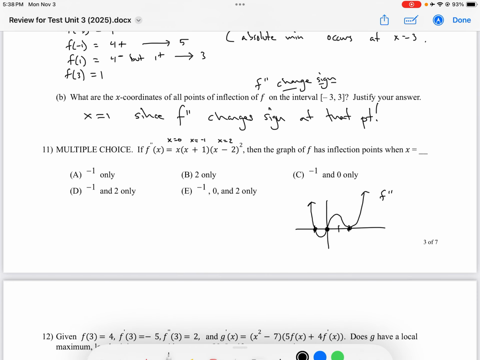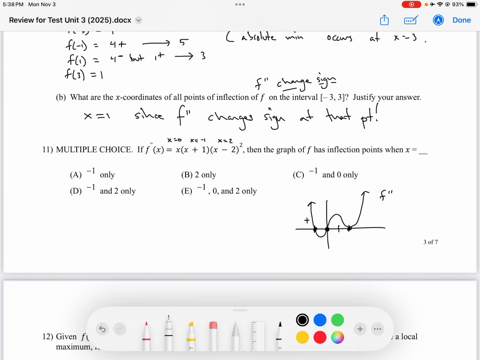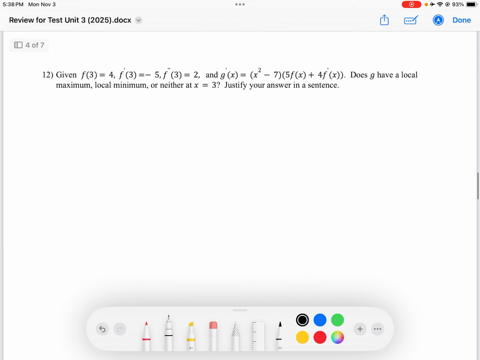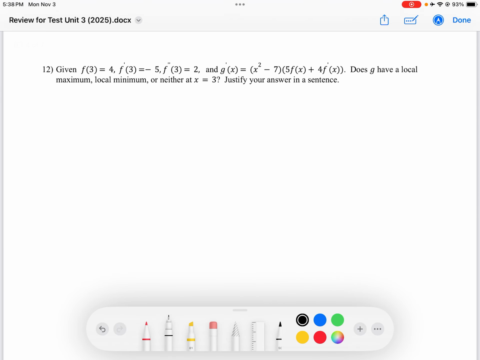You can see that f double prime is positive, then negative, then positive, and then positive again. So that's a point of inflection right there, and so is this, but not this, because f double prime does not change sign. So that is going to give us the solution of negative 1 and 0 only. Okay, f of 3 equals 4.